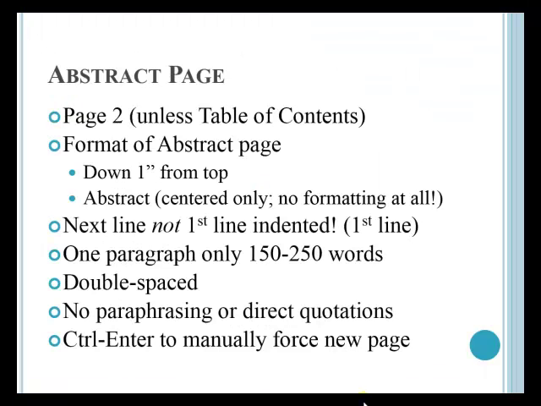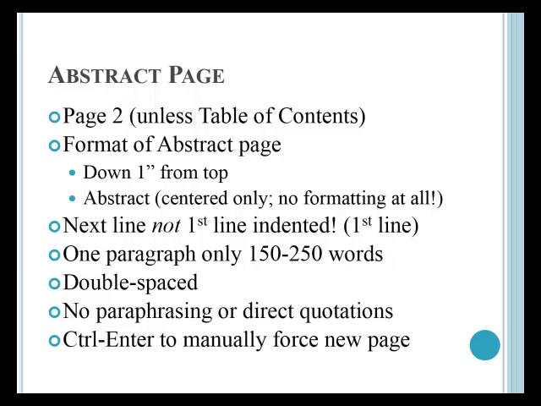Having gotten to the second page, the abstract page, which you actually write at the end, not at the beginning, the format would be the word abstract at the top of the page, 1 inch down. It's not bold. It's not heading 1 style. It's just centered.